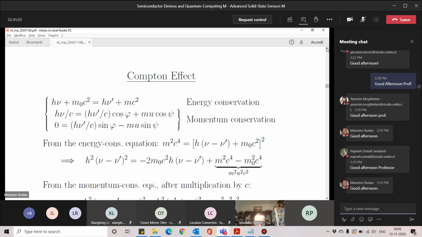So the momentum will have one component along the x-axis and 0 component along the y-axis. Okay, so the component of momentum of the photon with respect to the x-axis is in the first equation on the left. It is h nu over c.